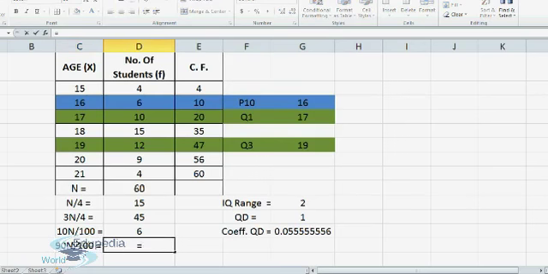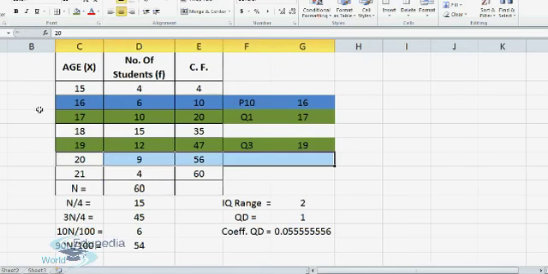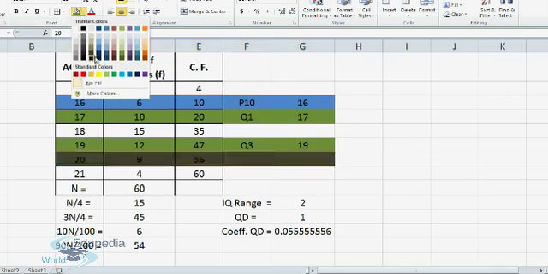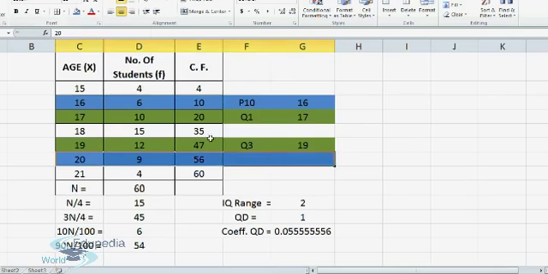So that will be 90 multiplied by n divided by 100, and that gives me 54, which corresponds to this class. Okay, so again let me give a shade of blue to this. Yeah, so my P90 is 20.